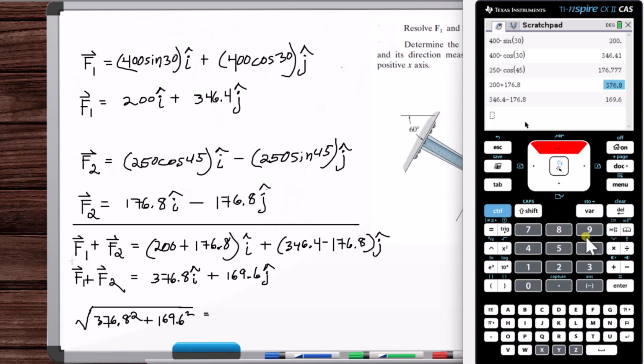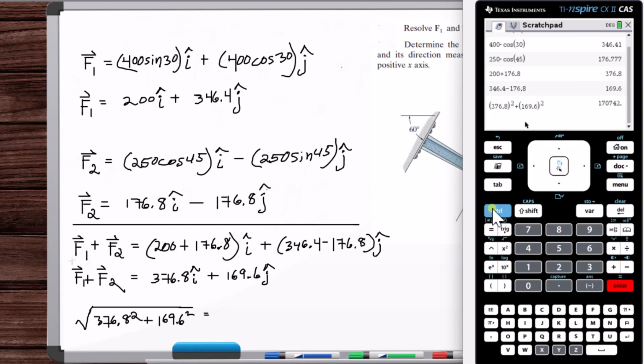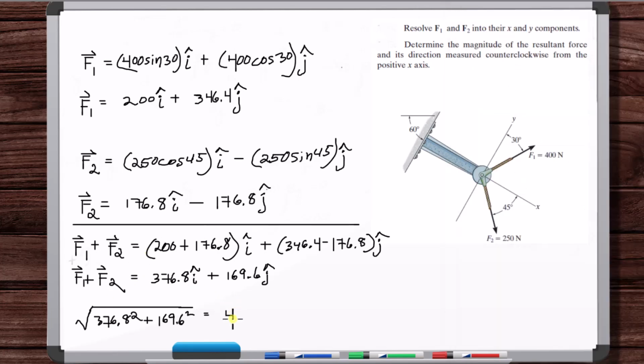So this squared plus this squared, 413.2 newtons. Okay. That's the magnitude of the resultant force.